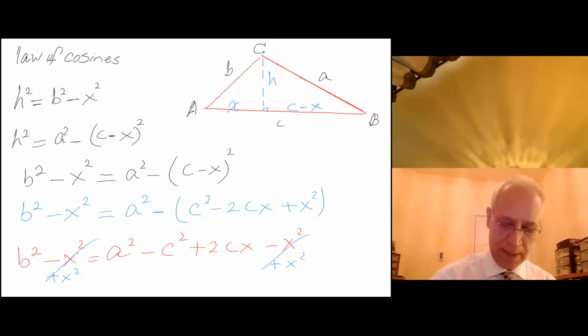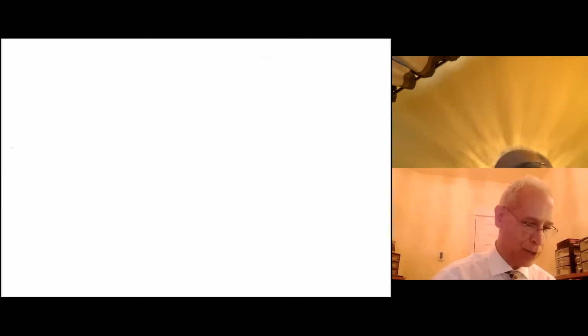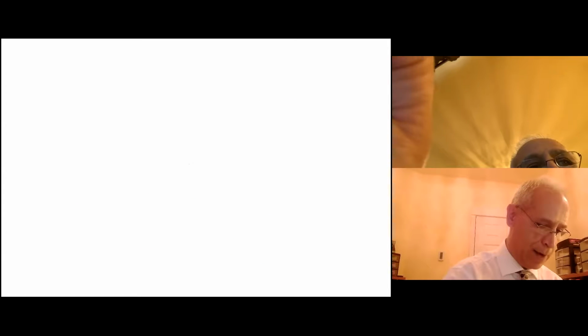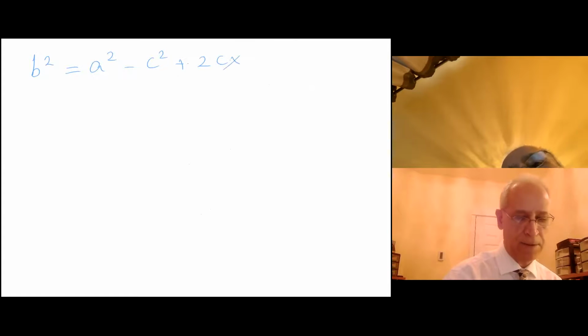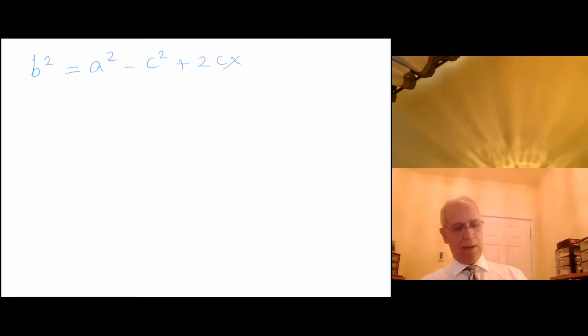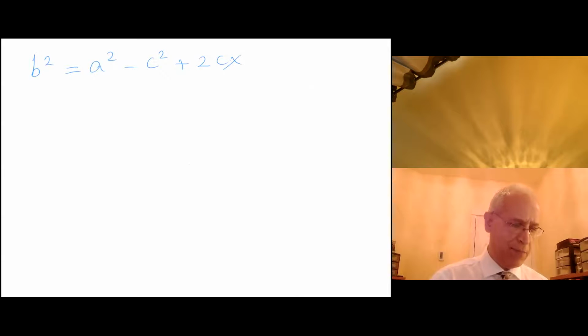Let me go to the next page. And so now I have b squared equals a squared minus c squared plus 2cx. Okay, I'm okay with a, b, and c, but that x is bothering me.